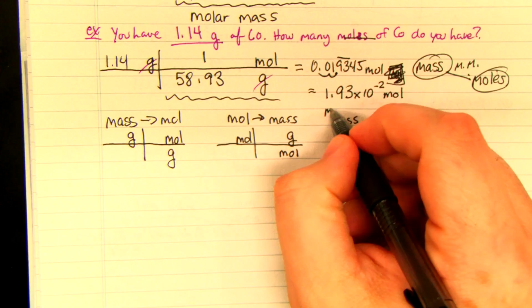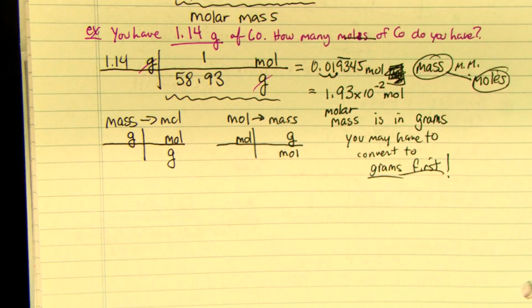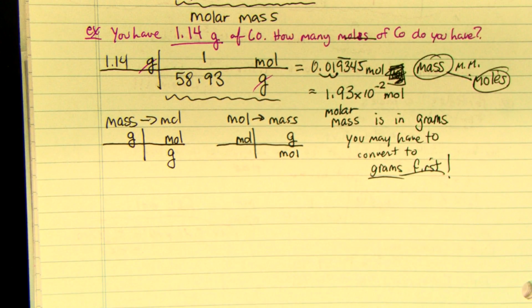So since molar mass is in grams, your mass has to be in grams. That's a better way of saying it. Which means that if you have kilograms, you have to convert kilograms to grams. So you're going to have to actually do that step first in order to get it into grams, and then move it forward from there.